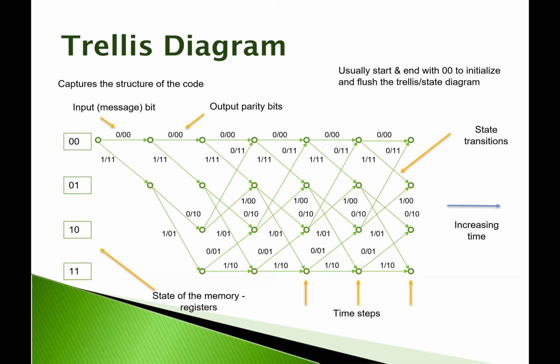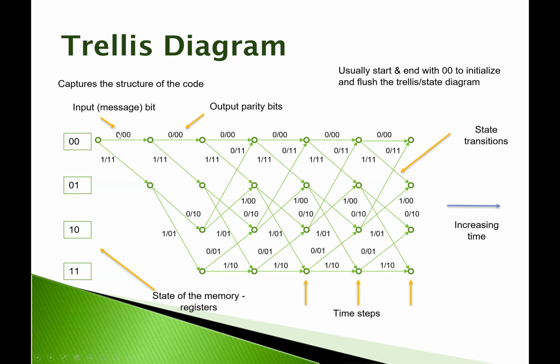So that's 2 squared, or 4 different states. These are the memory bits that we have in the system, right? So we'll have 4 different horizontal lines or sets of state nodes here, and then they're lined up in these time steps shown down here, right? Each vertical line, if you drew a line vertically through each of these states, would reflect a different timestamp. And time increases as we move to the right.